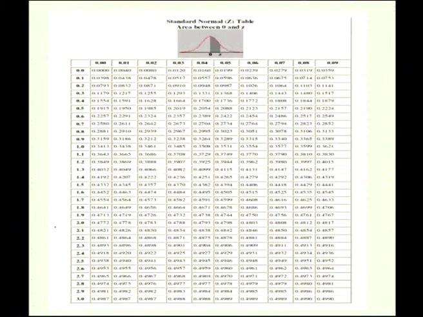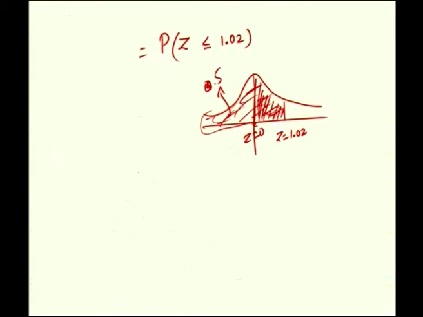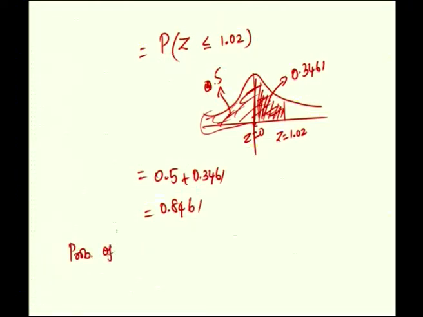For z equal to 1.02, the value is 0.3461. So the required area is 0.5 plus 0.3461, which is equal to 0.8461. So this is actually the power of the test.